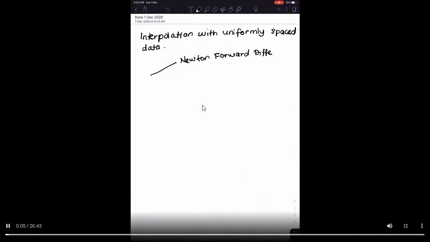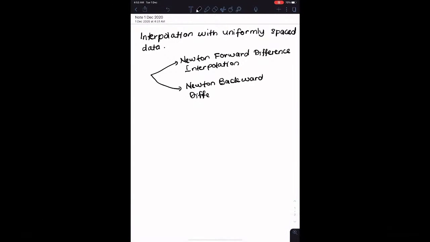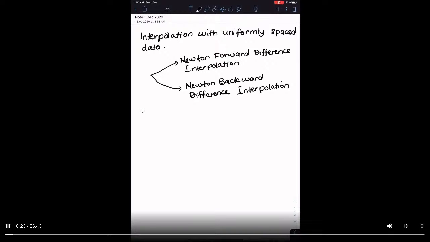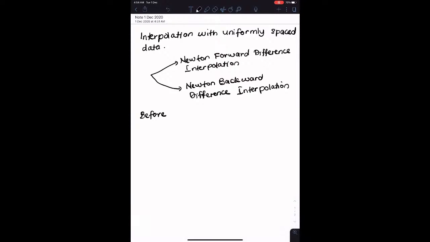There are two types of formula for us to solve interpolation with uniform data. The first is Newton forward, the second is Newton backward. We already learned Newton divided difference. The rest are different interpolation polynomials that you need to follow after the method.